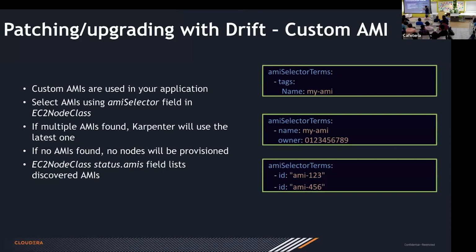But if you remove this and only have this, then it will start to produce nodes with new AMIs. It will produce new nodes, but it will not touch your older nodes. So it is very good for testing. You can test it on dev. You can have both AMIs running, and you can be sure that there's no security hazard being deployed to environments.